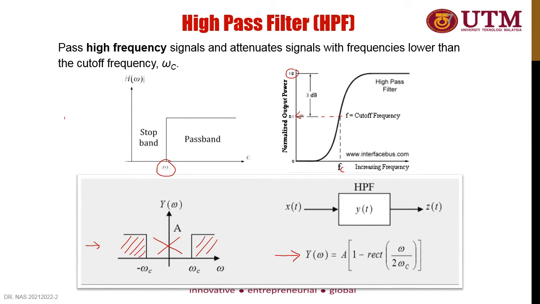Okay, if you recall back the rectangular function, for example, you have this is A, and when you remove the middle part, so when you remove this area from negative omega c to omega c, so it's basically A minus the middle rectangular, so the amplitude is A rectangular, this is omega, so omega over 2 omega c.